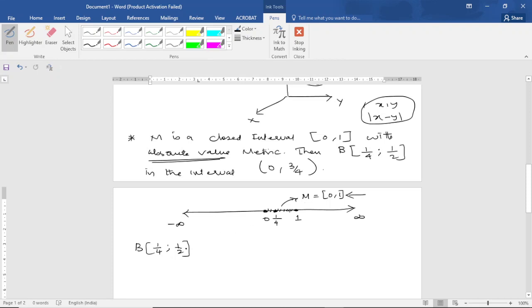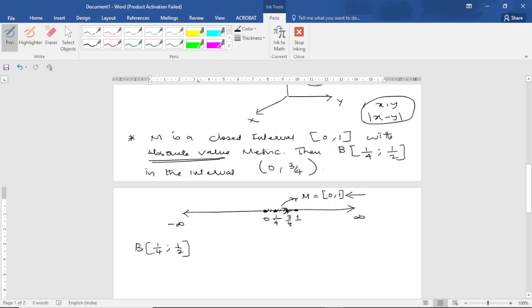Radius is 1/2. So from 1/4, what are the elements at a distance less than 1/2? Adding 1/4 plus 1/2 gives 3/4. So all elements less than 3/4, excluding 3/4, till this.